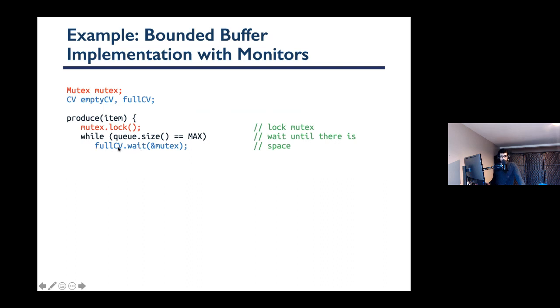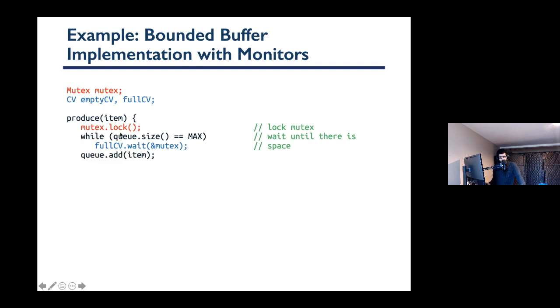So full CV is a condition variable. I'm going to call wait on this, and I'm going to pass the mutex. I locked the mutex, and I'm going to go to sleep here, so I have to pass the mutex to this wait function. Hopefully that makes sense. Now you might say, why do you have while here? I will explain why it's while and not just if.